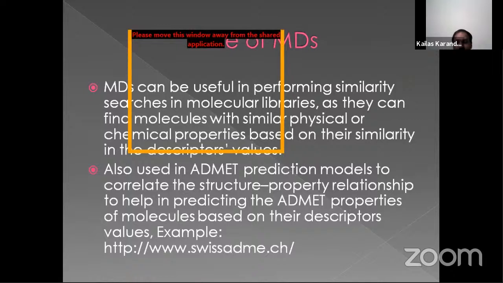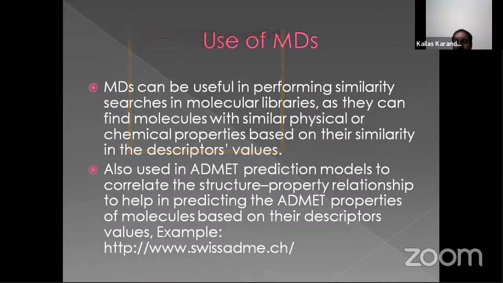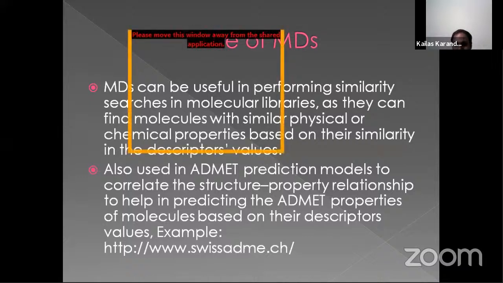As I said earlier, suppose you have the log P value, or the partition coefficient, of a particular compound approximately about 1. That means compounds or standard drugs having a log P value up to the unit 1 may have mostly the same physicochemical properties. So the concept is very simple.